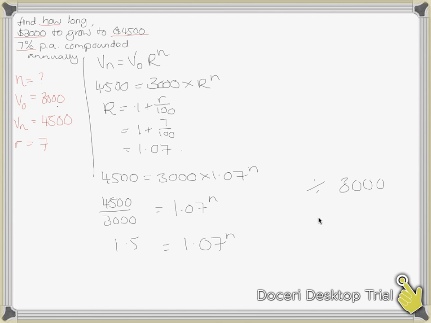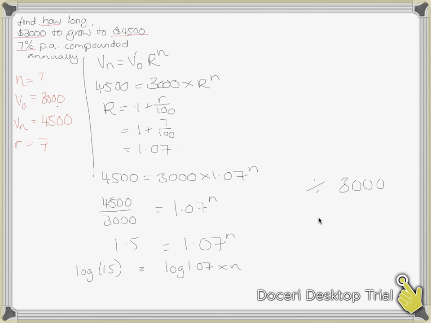Now, to get rid of these, we need to use a log. So we're going to get that up here. So because this is a power, the way we have to get rid of that is we have to do a log. So log 1.5 equals log 1.07 times n. Now, if we divide log 1.5 divided by log 1.07, it will give us n.